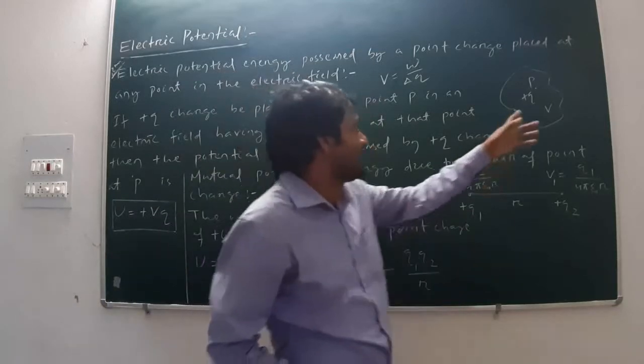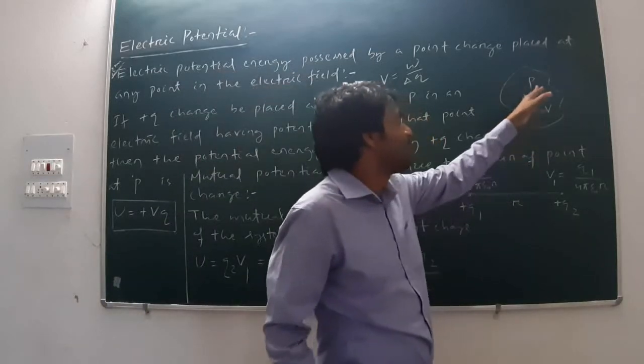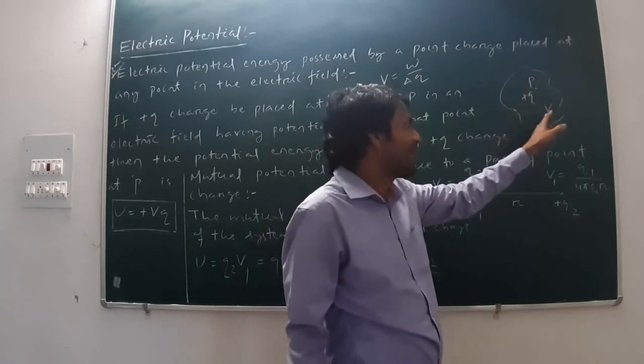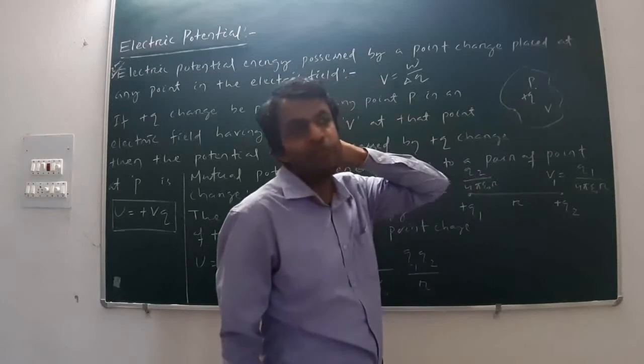Here is the electric field, a point P where a point charge plus Q is placed and having the potential V due to the point charge.